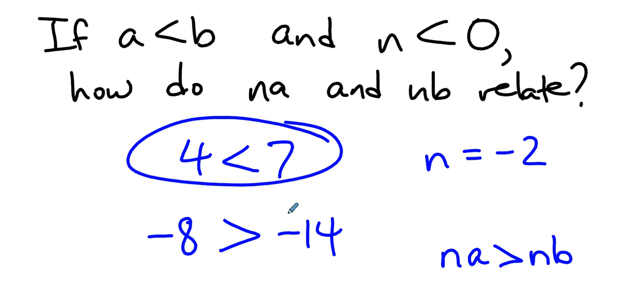So this number is bigger in magnitude, and it's on the left side of 0 now, which means that the sense of the inequality has reversed. So if a is less than b and n is a negative number, then the sense of the inequality reverses. na is greater than nb.